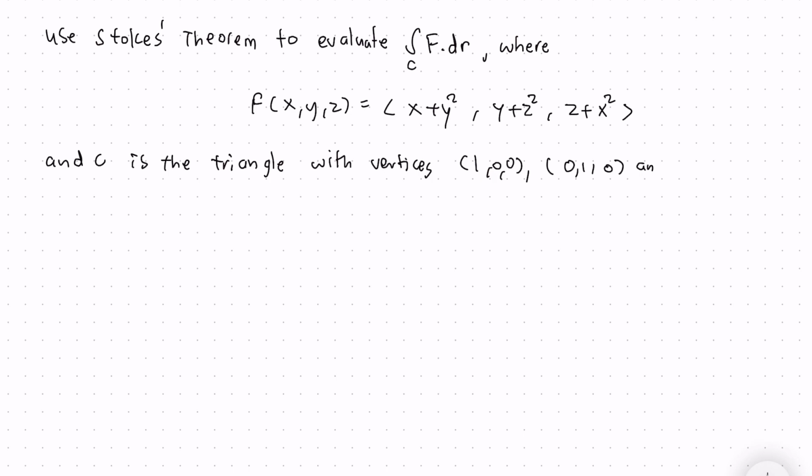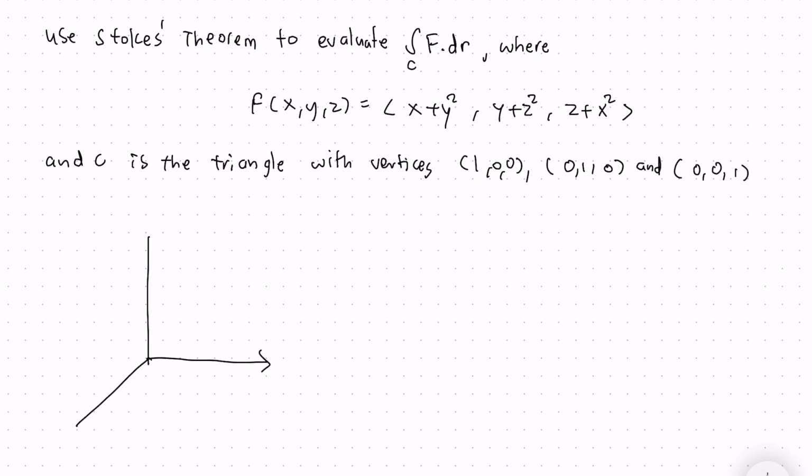Here the path is a triangle, and C is a triangle with the vertices 1 0 0 for x, then 0 1 0 for y, and then 0 0 1 for z. The vertices all lie on the coordinate axes in three-dimensional space. So this is a triangle that lives in a plane that is not one of the coordinate planes.